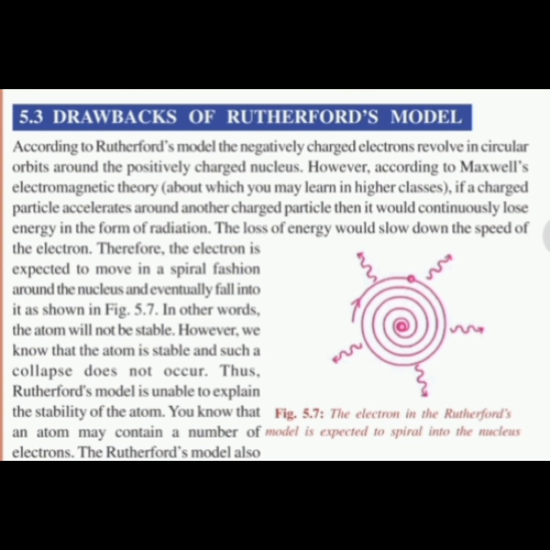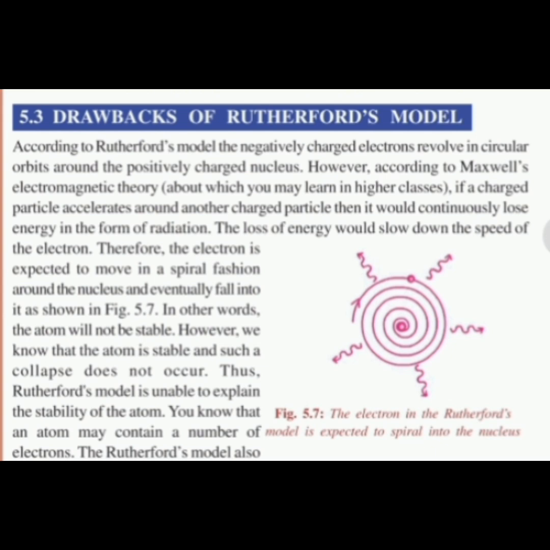So there were some drawbacks of the Rutherford model. According to Rutherford's model, the negatively charged electrons revolve in circular orbits around the positively charged nucleus. However, according to Maxwell's electromagnetic theory, about which you may learn in higher classes, if a charged particle accelerates around another charged particle, then it would continuously lose energy in the form of radiation.